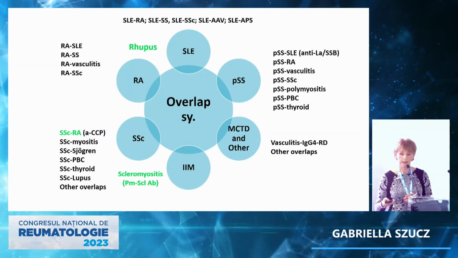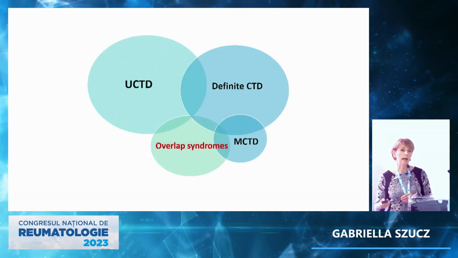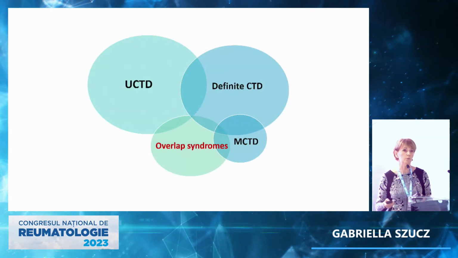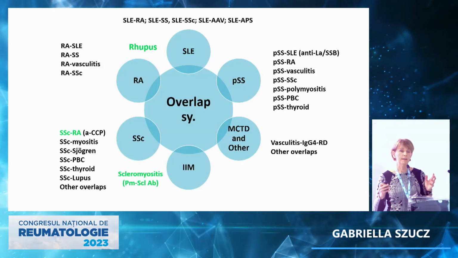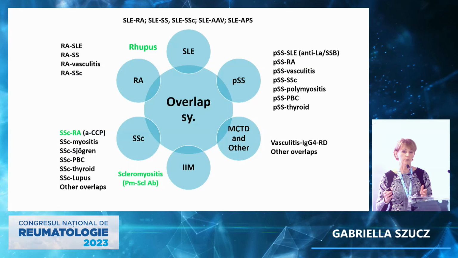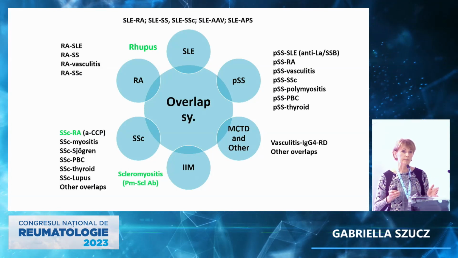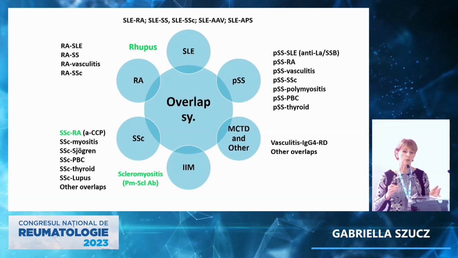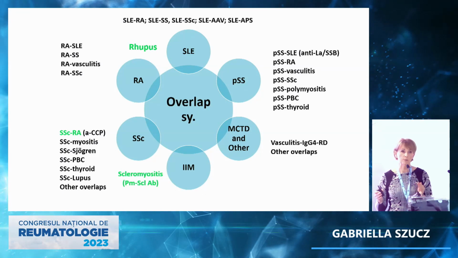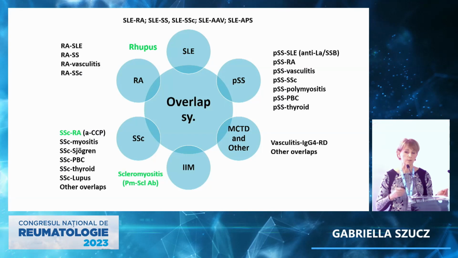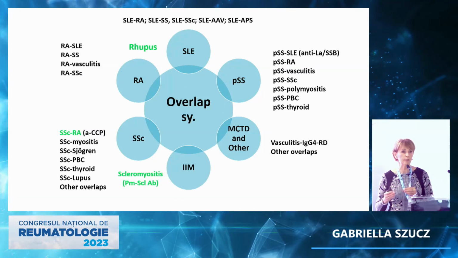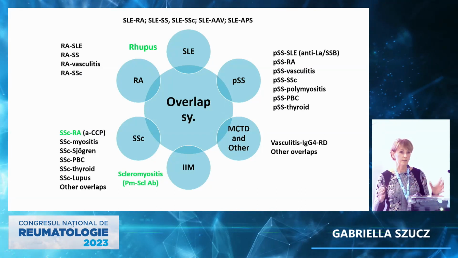And finally, I would like to highlight some parameters of overlap syndromes. We know that a lot of combinations can occur: rheumatoid arthritis with SLE, with Sjögren's syndrome, systemic sclerosis with rheumatoid arthritis and myositis, vasculitis with IgG4-related diseases, and so on.